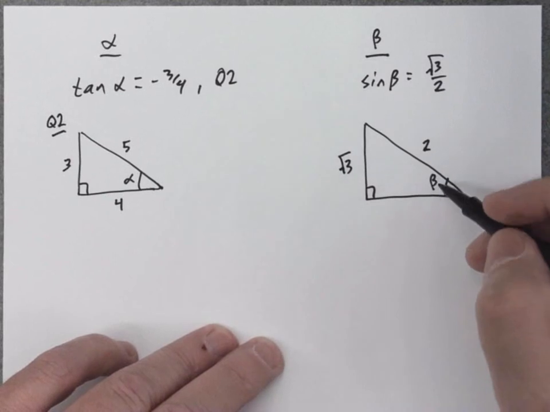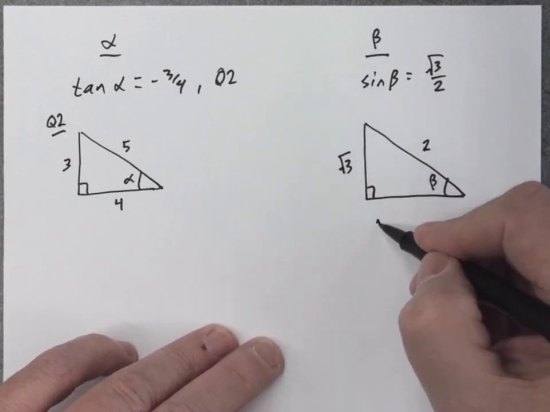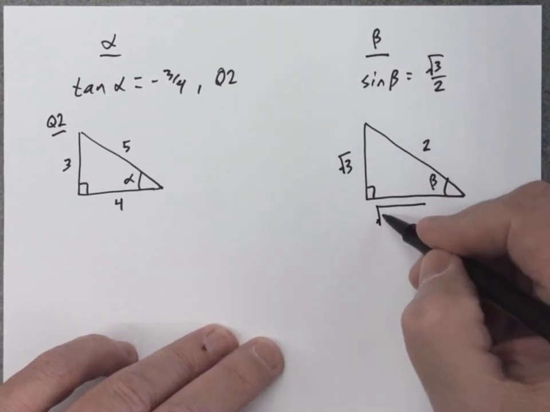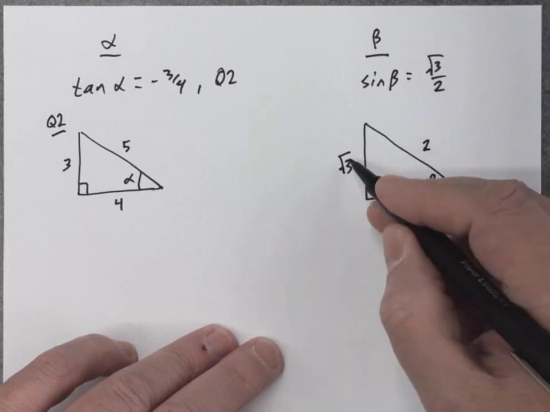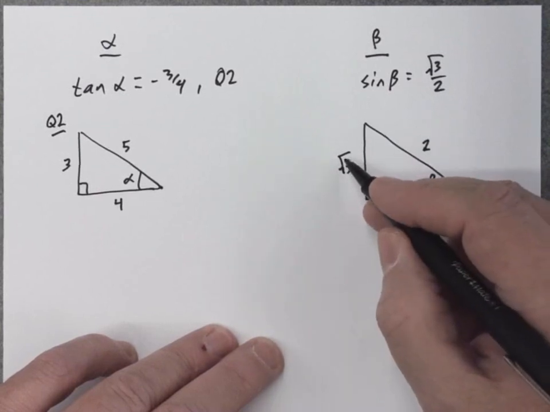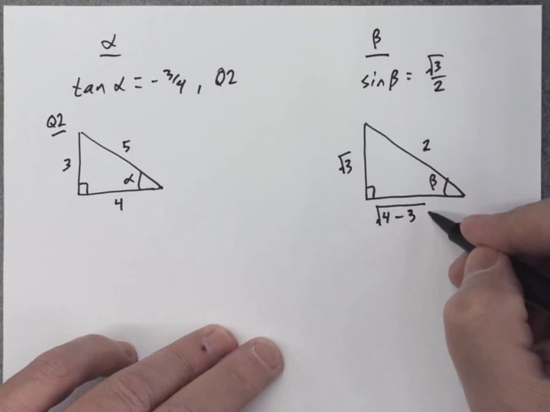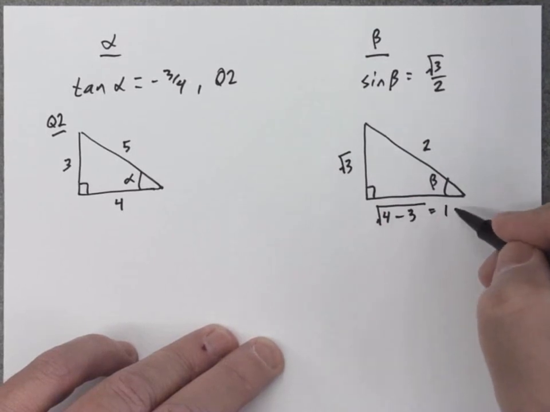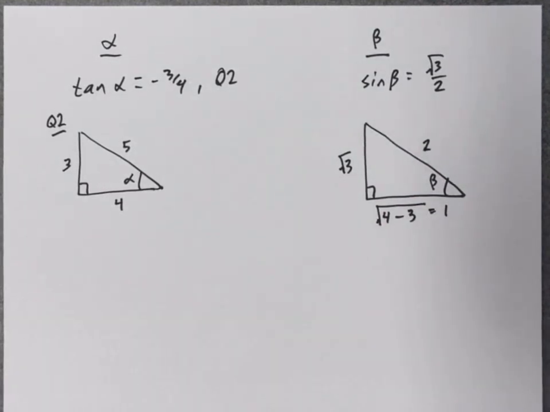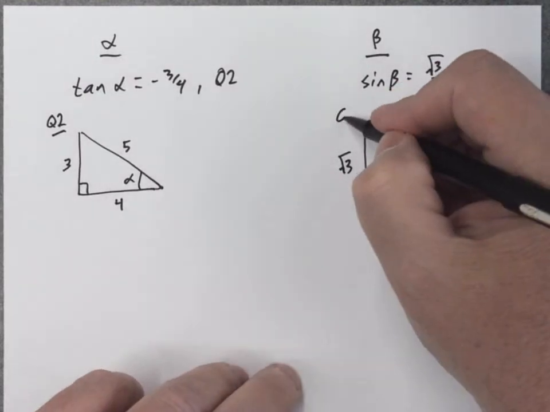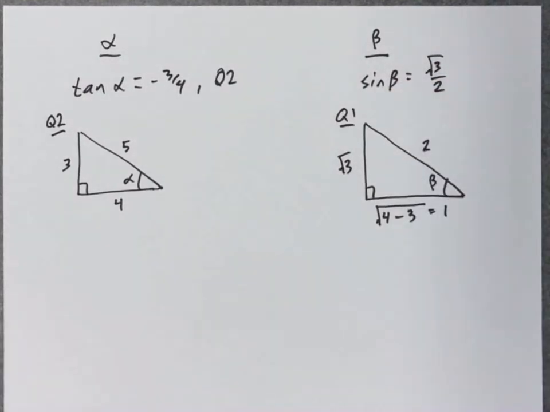Now this side down here, use the Pythagorean formula, hypotenuse squared minus this leg squared. Square root of 3 squared is going to be 3, 4 minus 3 is 1, square root of 1 is just 1. So this side down here is 1. And this angle beta is in quadrant 1.